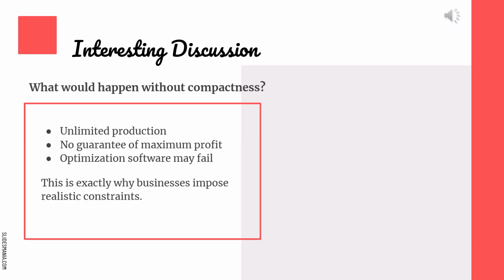So for the optimization software, it's going to say you're just going to have costs, because you're still producing and you're just going to keep on having recurring costs. So it's going to fail.